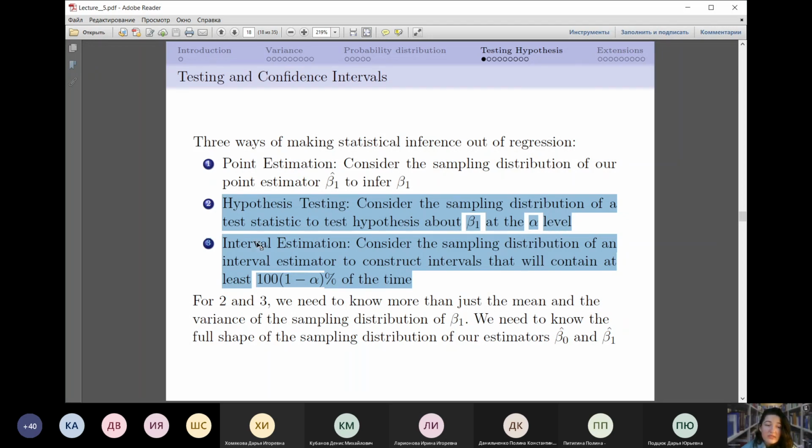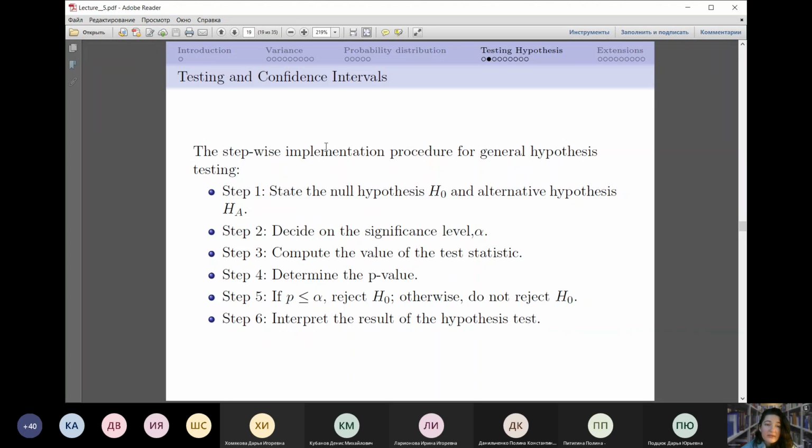And also we want to discuss the interval estimation. Of course, if we want to test the hypothesis and obtain interval estimation, we need more information than just the mean value and the variance of the sampling distribution of our slope. So we need to know the full shape of the sampling distribution.